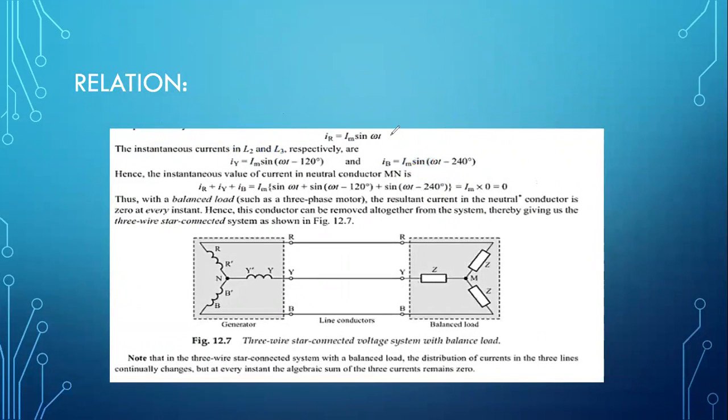Again I have Im sin omega t, Im sin(omega t minus 120 degrees), and Im sin(omega t minus 240 degrees). I know that in a balanced condition, to calculate the resultant I, I have to add IR, IY and IB.